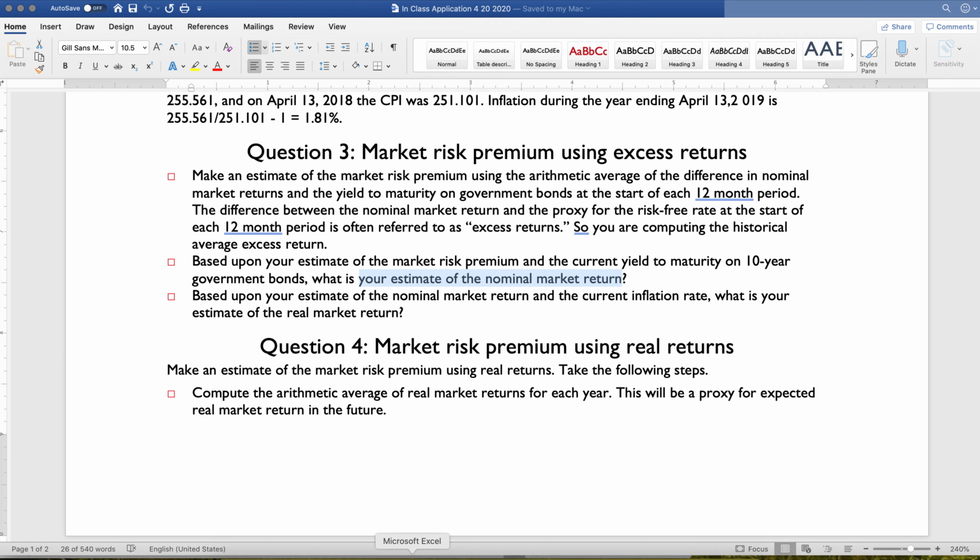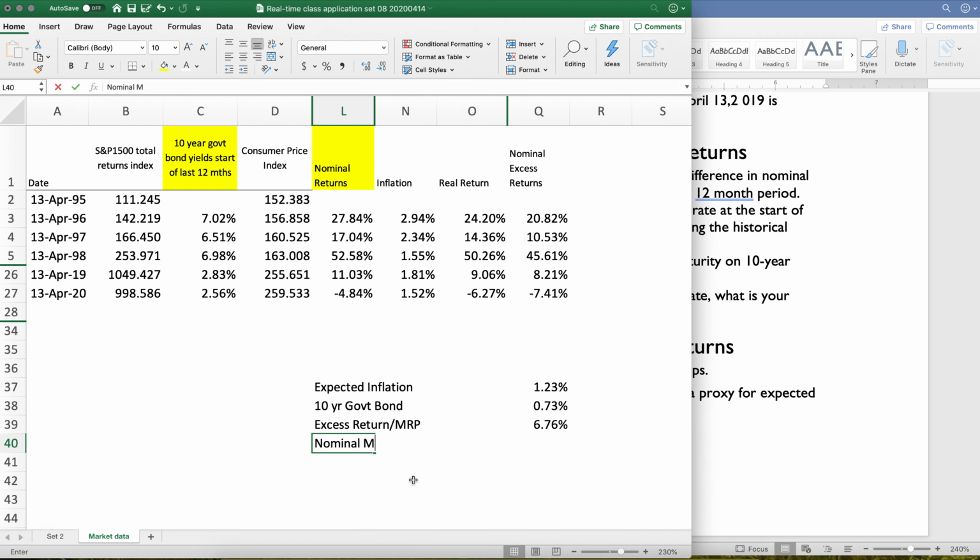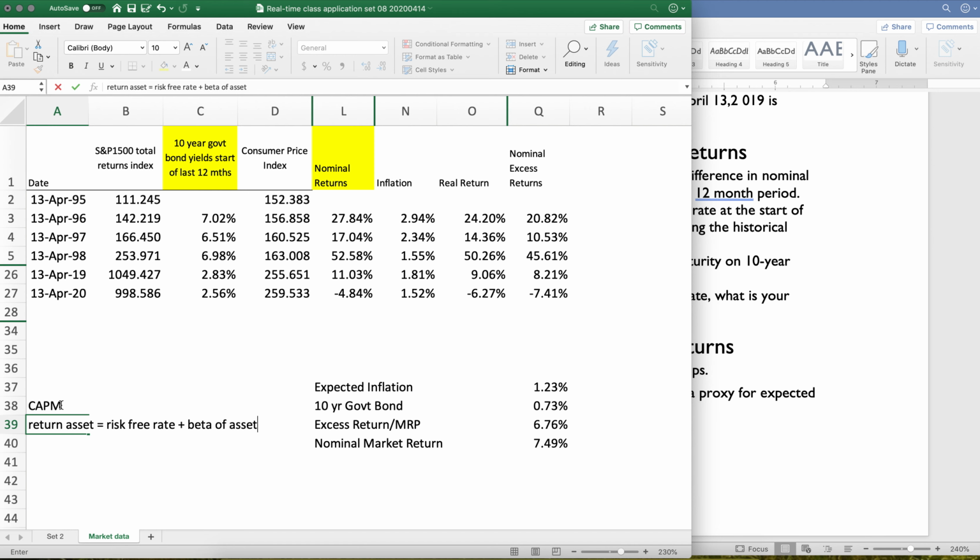Nominal market return, it's just going to be the excess return plus the 10-year government bonds. So this is sort of like if you had a beta of 1, so if you remember the CAPM, it's going to be the return on an asset equals the risk-free rate plus the beta of the asset times the market risk premium.